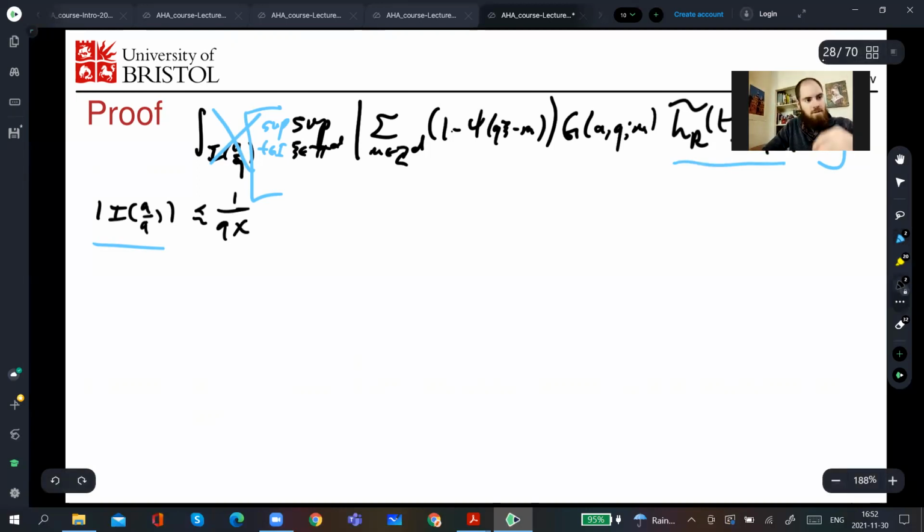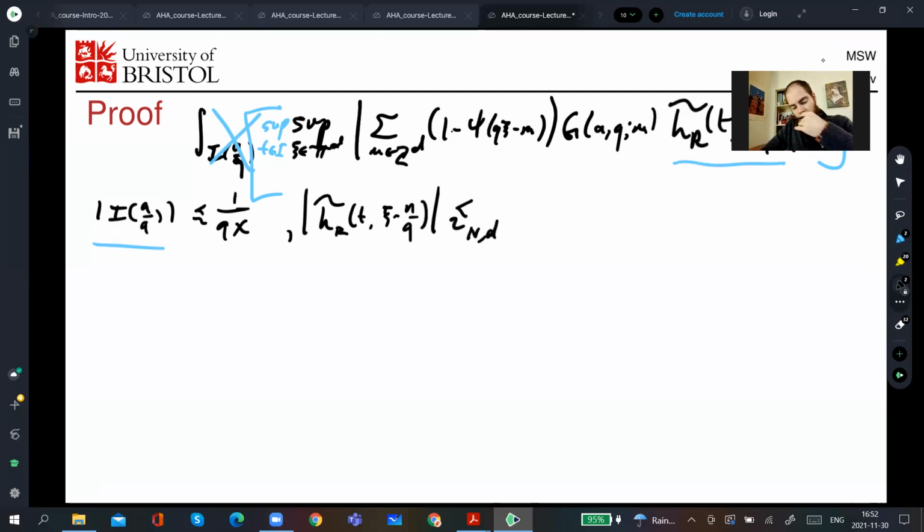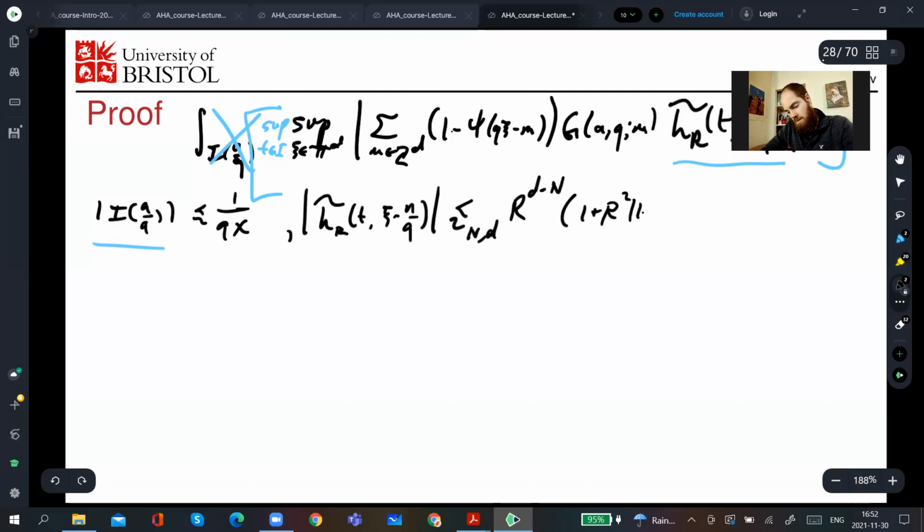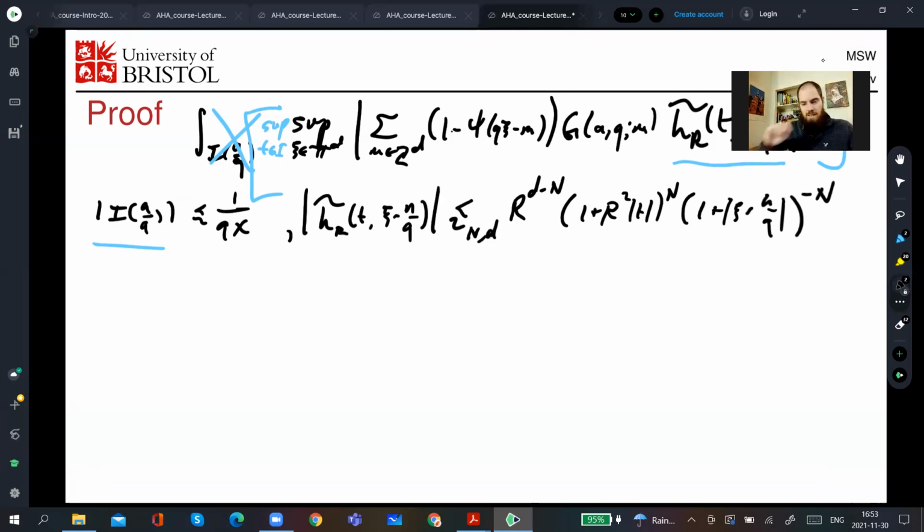Just as a reminder, we had that this is bounded by, so this is c minus n over q, the Fourier transform, absolute value, is at most some constant depending on n and the dimension, r to the d minus n, 1 plus r squared t to the n, and then 1 plus the absolute value of c minus n over q to the minus n. Okay, that's a bound that's uniform in t and c minus n over q.